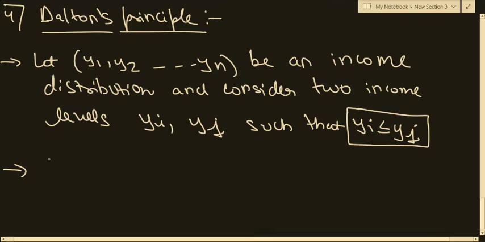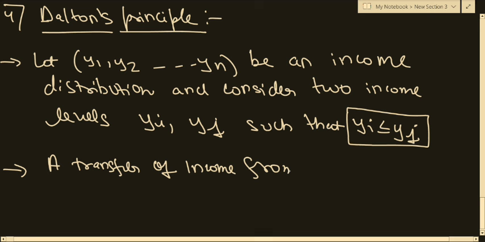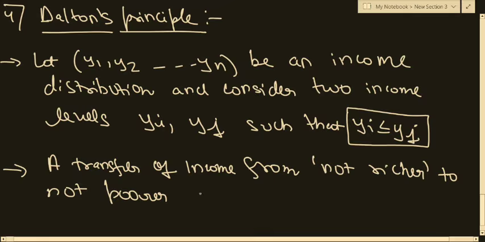Okay. Now a transfer of income from not richer to not poorer individual is called a regressive transfer.